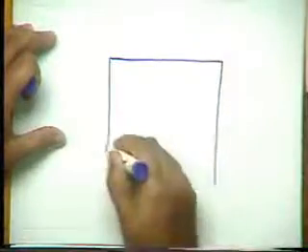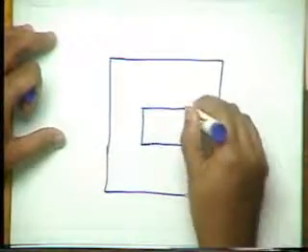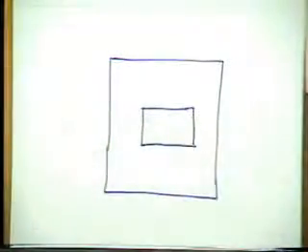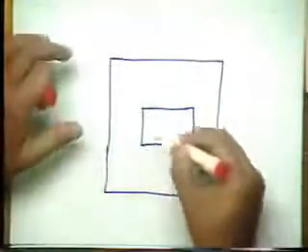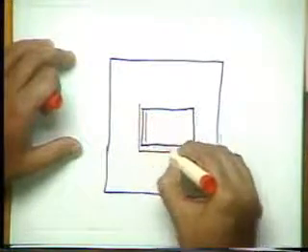Let us consider something like this. We have an image over here, and we have an object over here, and what we are considering is possibly some region like this.